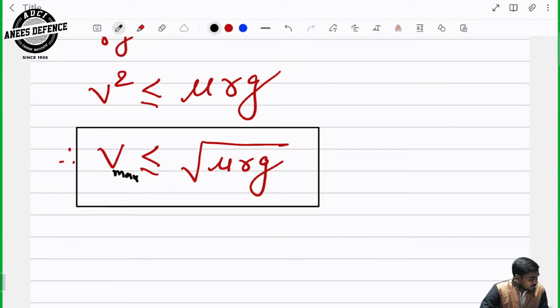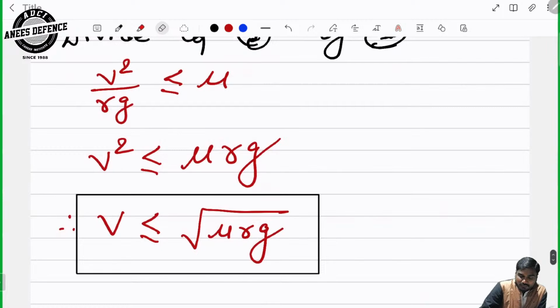Is it clear? Write down V max. In V max, do not use the equality sign. Listen. Just write down two equations here. First, because this is maximum and what you have calculated, v is less than or equal to this. So if equality sign holds, then that value will be maximum.